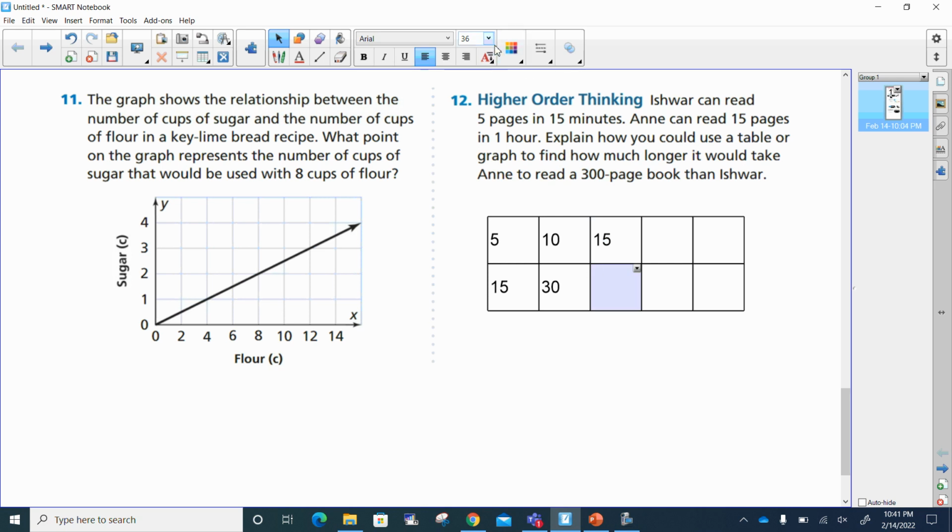And that would mean you have to go 15 more, which would make this 45. All right, and again, 5 more up here would be 20, and 15 more over here would be 60.